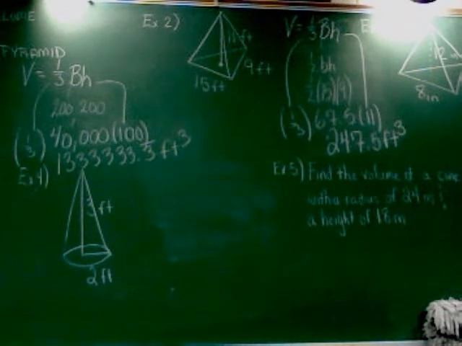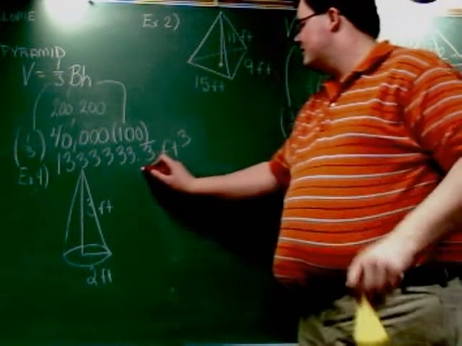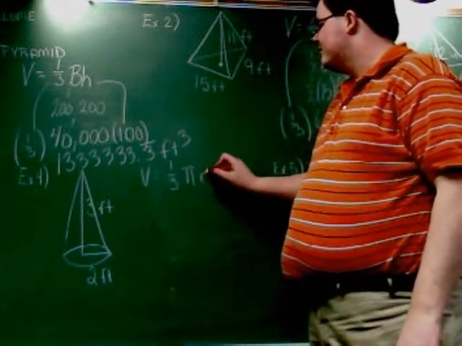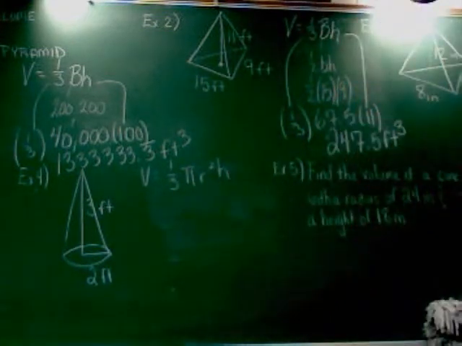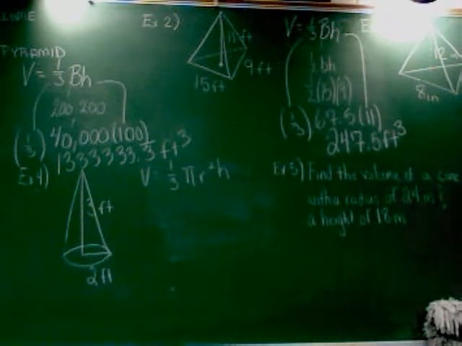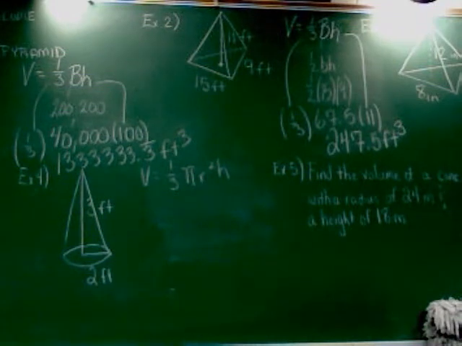First thing I'm going to do for both the cone problems is I'm going to write the formula. All right, obviously we know a lot about this formula already. We know that pi is going to change into 3.14 in both of them, so that's taken care of.